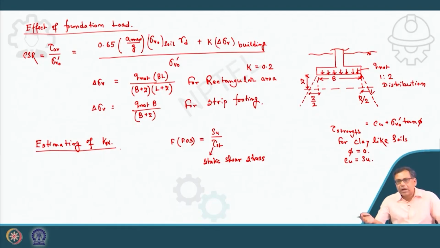Cu will be the shear strength, and shear strength for clays is SU. So SU will be equal to Cu. So that means this is my strength divided by stress. So strength is SU divided by ST.